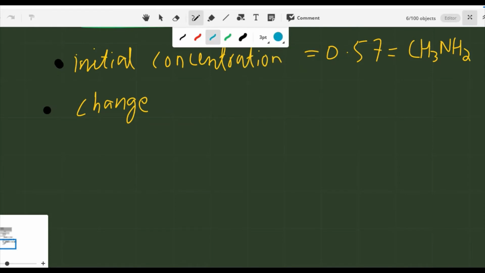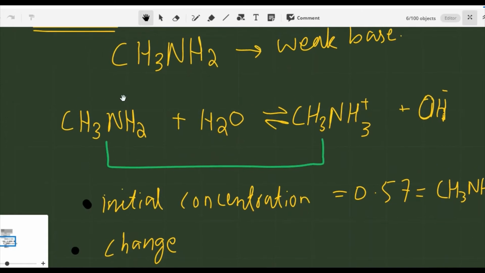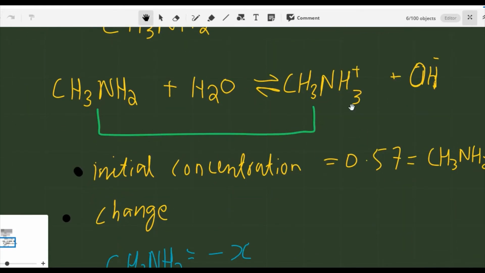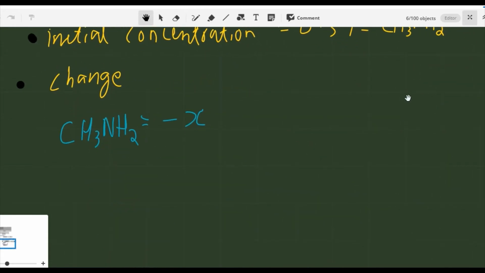For the equation, CH3NH2 is equal to negative x, because the concentration of the base, methylamine, is decreasing, so the concentration of the conjugate acid and the hydroxide ions are increasing. So CH3NH2 is equal to negative x.